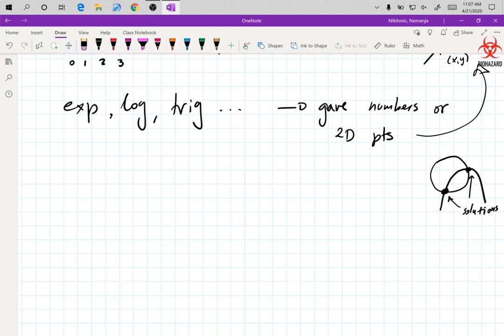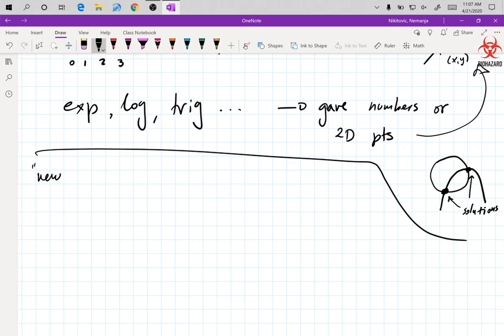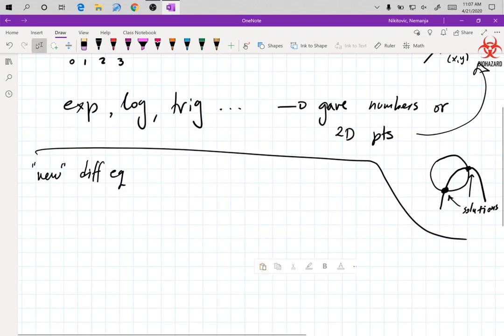And then you entered the world of differential equations. And in this world of differential equations, your solutions became functions.